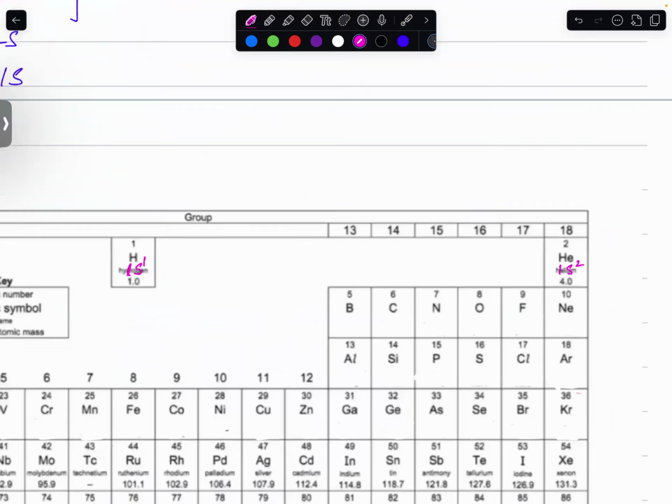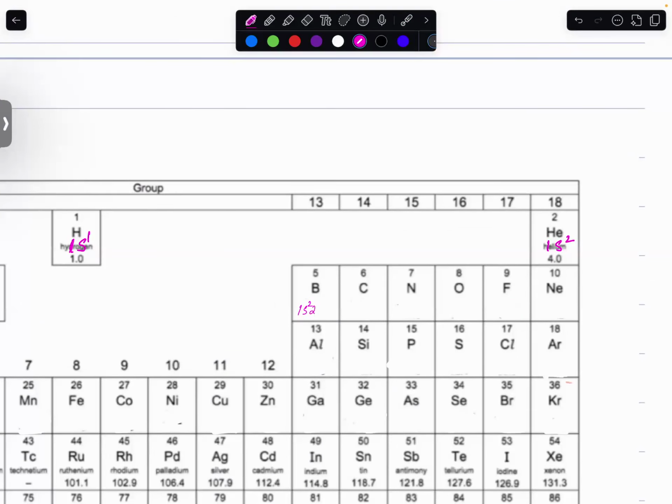This is 5: 1s2, 2s2, 2p1; 1s2, 2s2, 2p2; 1s2, 2s2, 2p3; 1s2, 2s2, 2p4; 1s2, 2s2, 2p5; and 1s2, 2s2, 2p6.